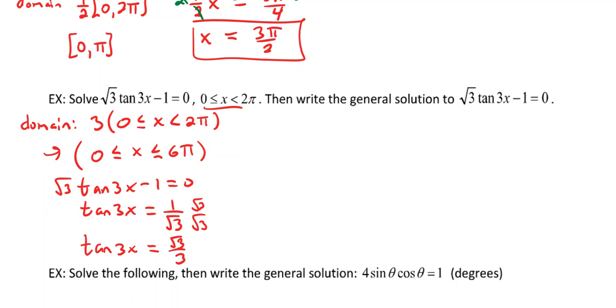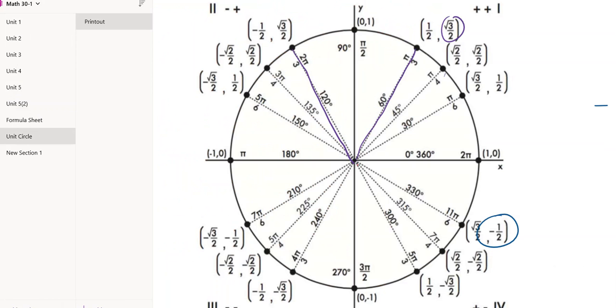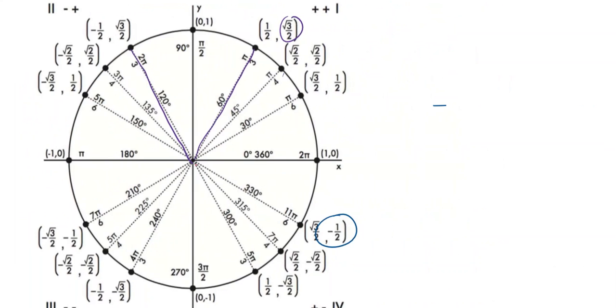Okay, so where is that going to happen, that it's equal to root 3 over 3? So let's look at the unit circle here quickly. So that would be, well, really here, because that'd be a place where we have 1/2 divided by root 3 over 2. This is my y over my x, because I'm doing tan, so it's y over x or sine over cos. So if you do that, that ends up being 1 over root 3, which really was our answer.